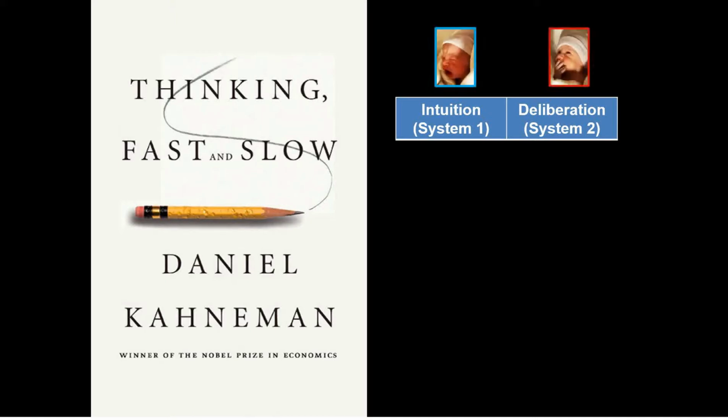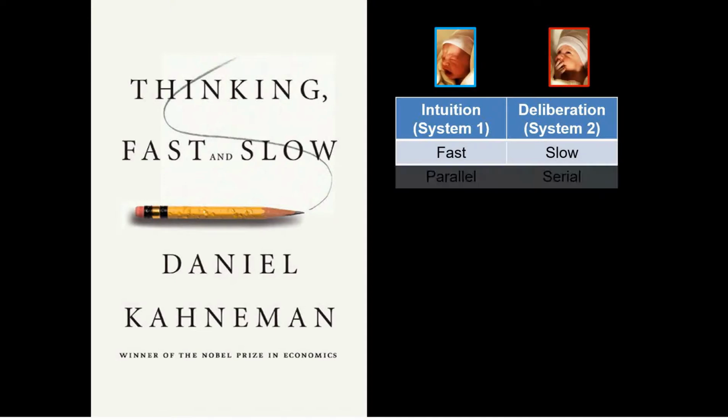So you might say the intuitive responses tend to be fast, whereas deliberative responses tend to be slow. Intuitive responses can happen in parallel, because it's a low-level gut response, it can be sensitive, it can pick up on lots of different things at once, whereas deliberation is where you think about the problem step by step.